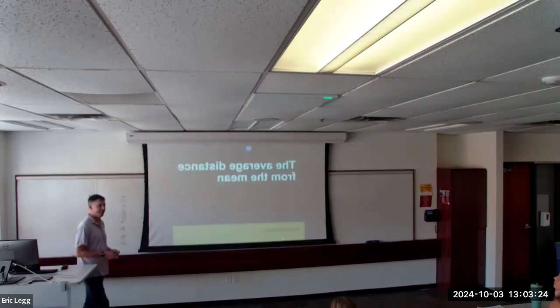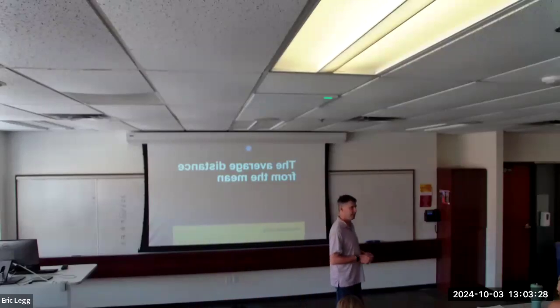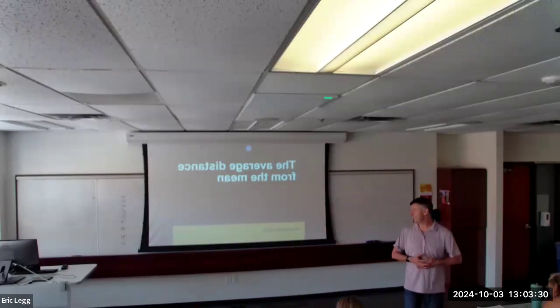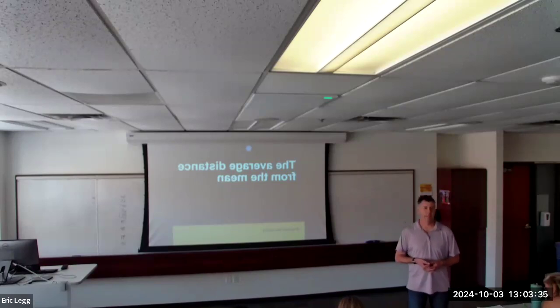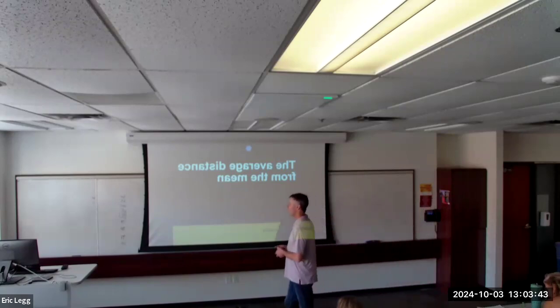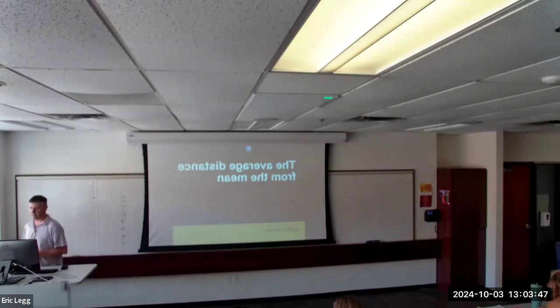The technical definition of standard deviation, which is super confusing, but some of you like definitions, is the average distance from the mean, or the average distance from the average, or the mean distance from the mean, which makes your brain hurt a little bit, right? What it is conceptually telling us is how spread out our data are.